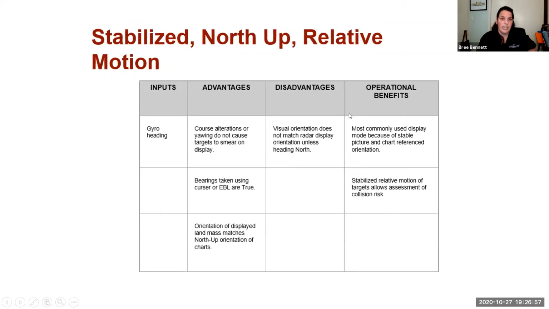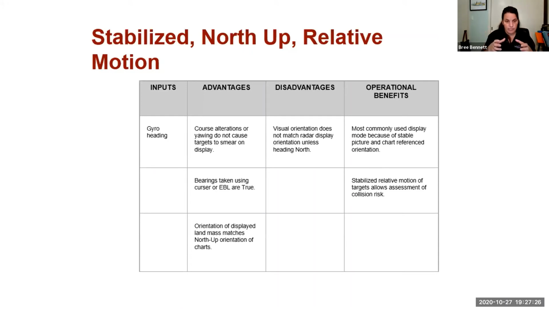What is used is a stabilized north-up display. So we always have north at the top of our scope, and we have to have an input. We are relying on the gyro or compass input. So it's stabilized with a reference point so that it knows where north is.